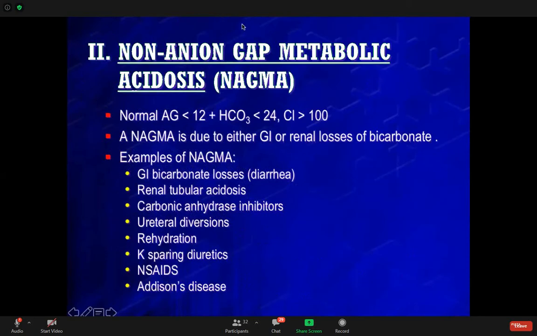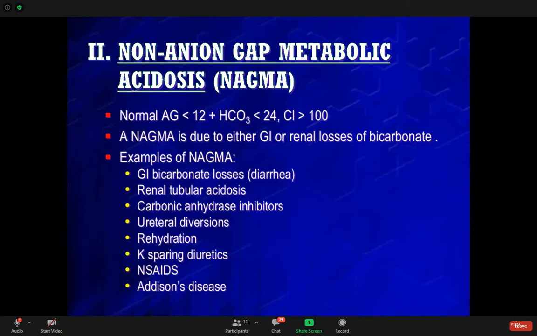So our second part of the metabolic acidosis is the non-anion gap metabolic acidosis, and usually this happens because you lose your bicarb from either GI sources or renal losses. Examples of non-anion gap metabolic acidosis are diarrhea, because there's a lot of bicarb in your intestine and you lose it with diarrhea, and sometimes renal tubular acidosis, where your kidneys do that.